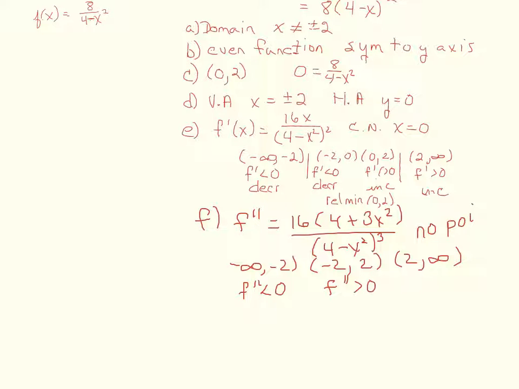And if I plug in anything greater than 2, again, we are going to be less than 0. And so at this point, we are concave down, concave up, and concave down. So let's see what we can do to graph all of this information.